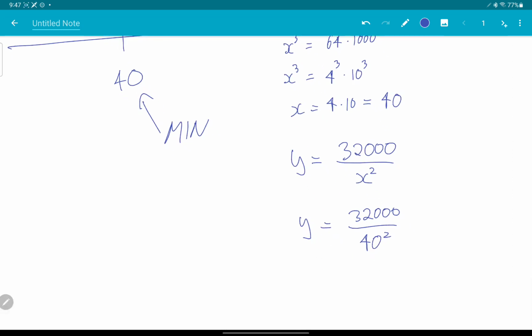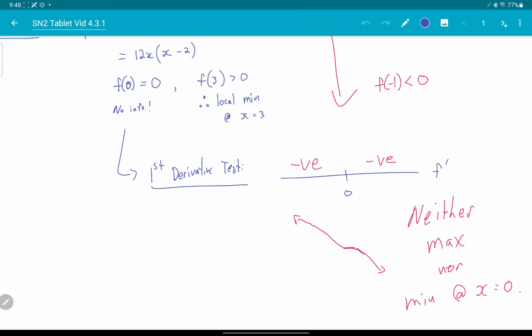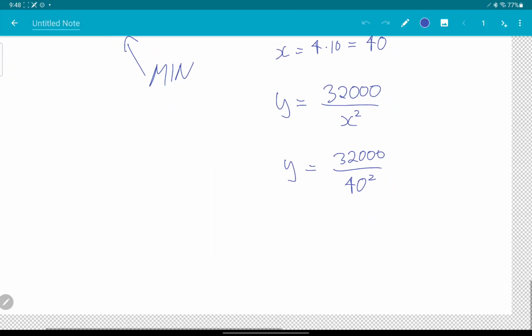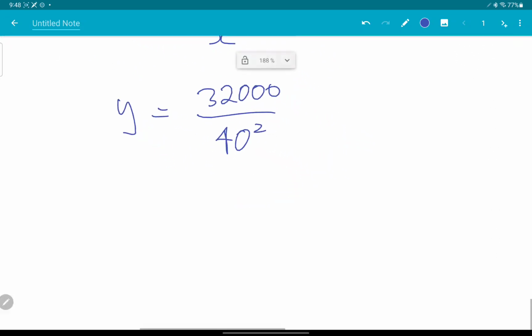So I'll use factoring again to sort this out. Okay, 32. We're trying to do this without a calculator. Fancy footwork. 32, that's a power of 2. 2 to the power of 5 times 1,000. So this is my 32,000.